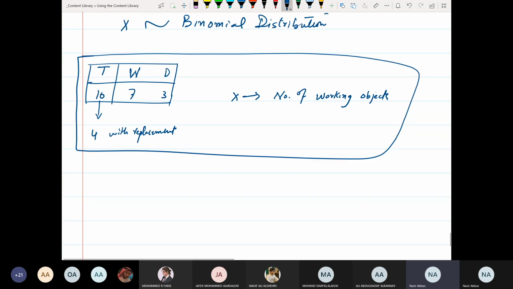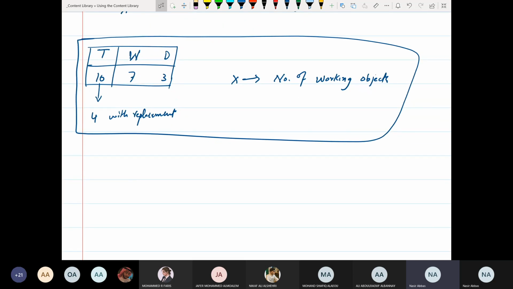In this experiment, when you pick 4 objects one by one, when you pick the first object, do you have only 2 possible outcomes? Your interest and opposite of your interest, do you have just 2 possible outcomes? Yes, we have just 2 possible outcomes. We have either working or not working.